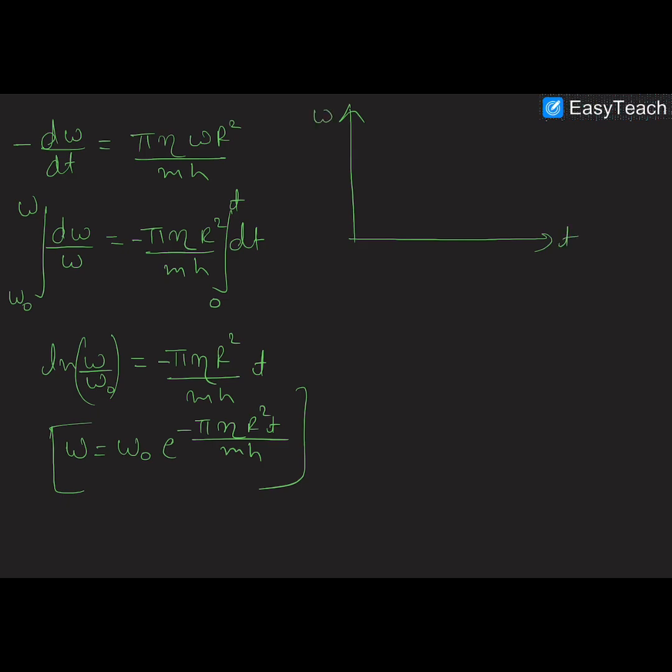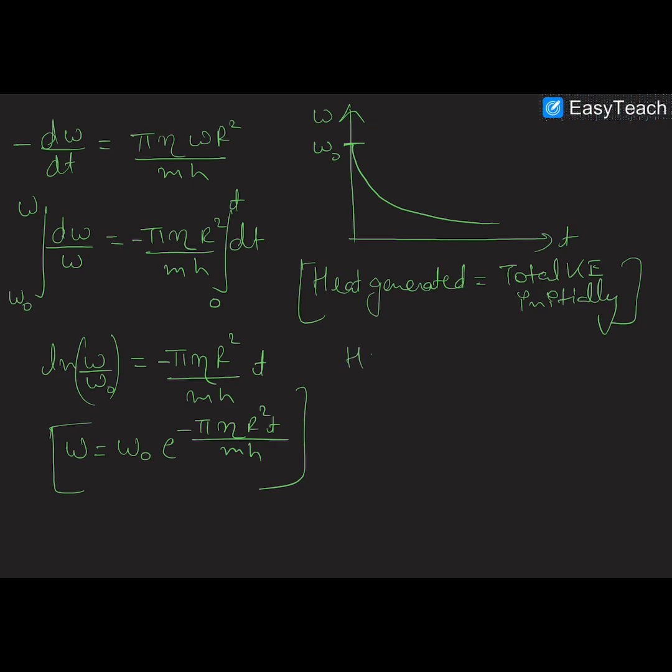If we draw a graph, it would be an exponentially decaying graph, and it would take an infinite amount of time for the disk to come to complete rest. The total heat generated will be equal to the total initial kinetic energy, because eventually all the kinetic energy will be lost in the form of heat.